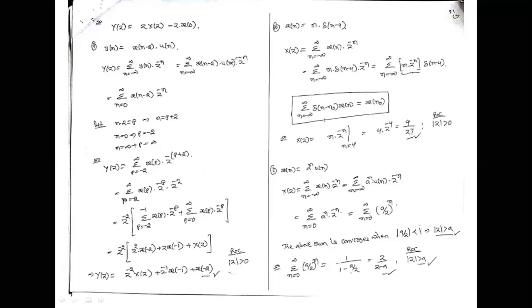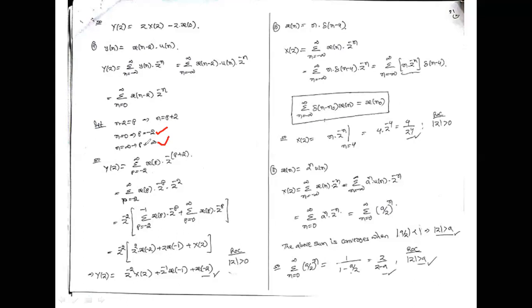And mu of n changes the limits to 0 to infinity and keeps the value 1 here: 0 to infinity of x of n minus 2 z power minus n. Let n minus 2 equal p, so you can assume n is equal to p plus 2. Changing the limits of n to p, the limits are minus 2 to infinity.